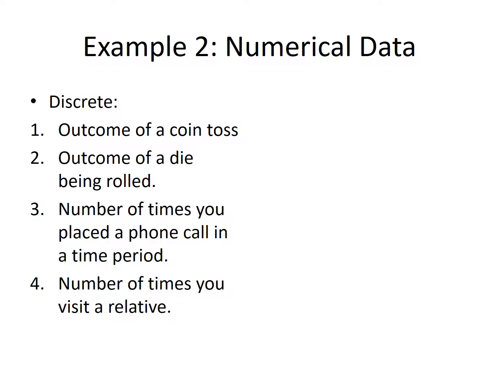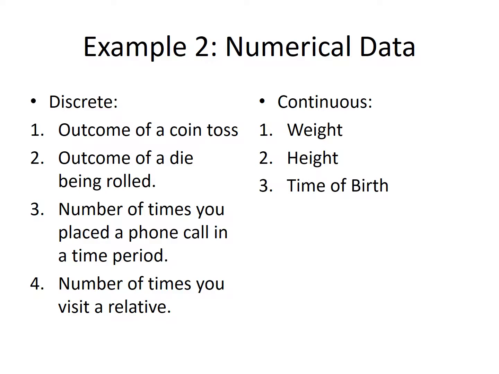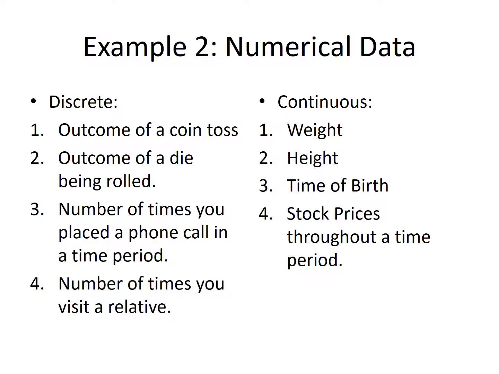These are all either finite or countable values of measurement. For continuous kinds of numerical data, we have weight, height, time of birth, and stock prices through a time period. So these are measured on a continuous scale rather than a discrete scale.